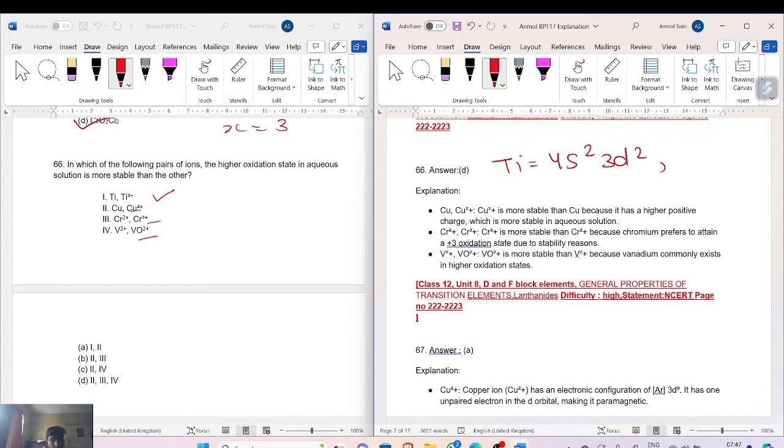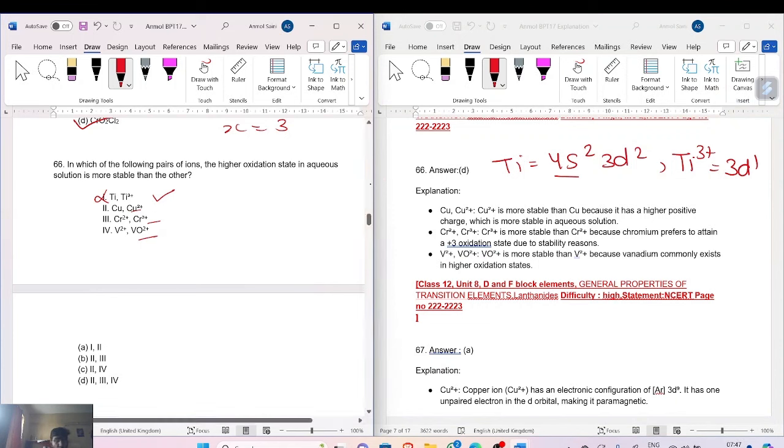For titanium 3 plus, 3 electrons will be removed, so only 3d1 is left. So titanium will have the more stable electronic configuration. So this will be our incorrect answer. Titanium 3 plus is less stable than titanium.